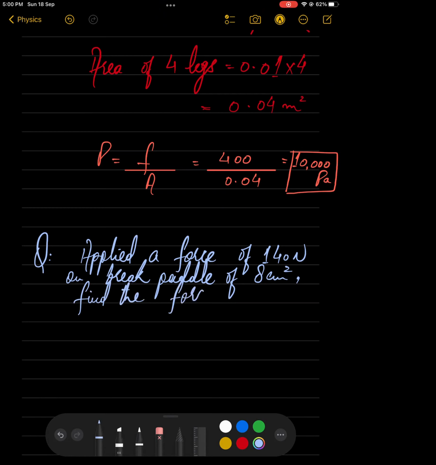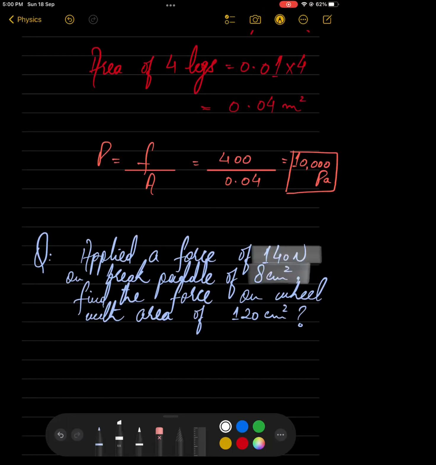Find the force on wheel with area of 120 centimeters square. Now they have provided us with the force and the area of the first side, and we need to figure out the force of the other side if we have been provided with the area of the other side. Now, can any one of you tell me which formula is going to be used over here?